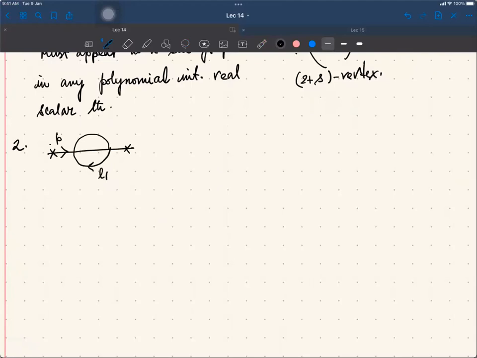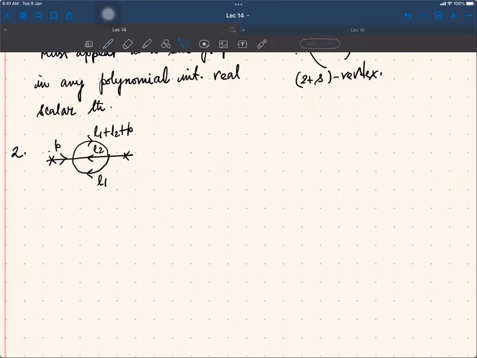This is L1, this is L2, and this is L1 plus L2 plus P. It is a 2 loop diagram, and there are 3 internal lines.